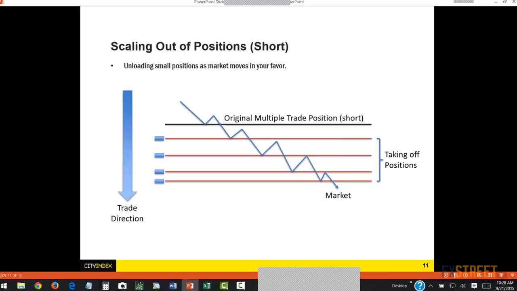They fail to take profits on that because they want to run their profits, and then the market comes back and takes them out for a loss. That's probably the worst trade that anyone could have, because if you see profits, oftentimes you want to take it, but at the same time, you want your profits to run. This is one of the best ways to do this. So that's scaling out of positions.